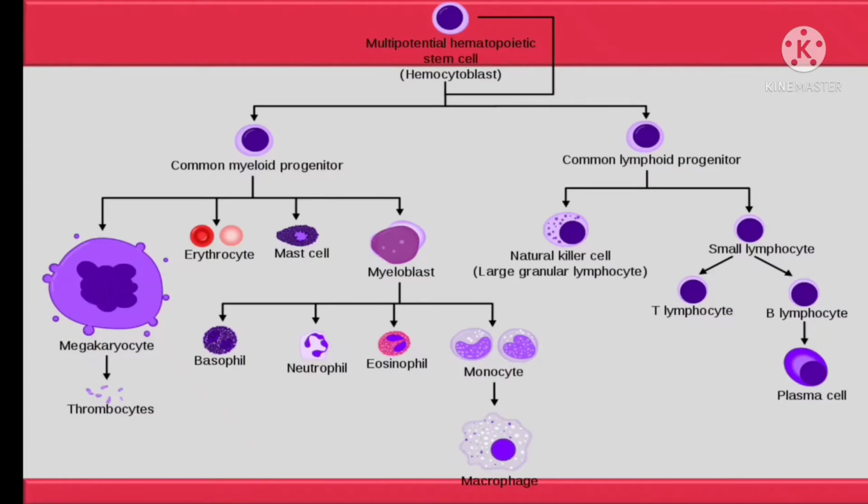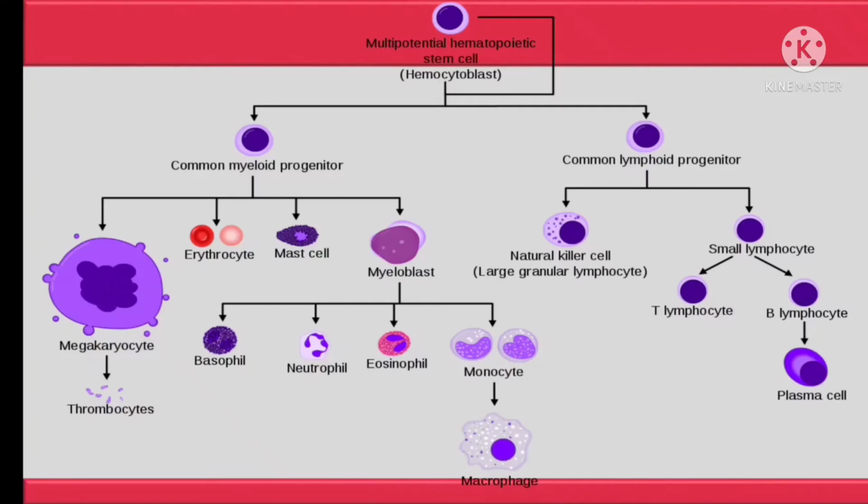Myeloblast further divides into basophils, neutrophils, eosinophils, and monocytes. These are basically the types of WBCs. Now, when we talk about the lymphoid progenitor cells, they further divide into the natural killer cell and the small lymphocyte. Lymphocytes have a role in the inflammatory cascade, so they are further divided into T lymphocytes and B lymphocytes.